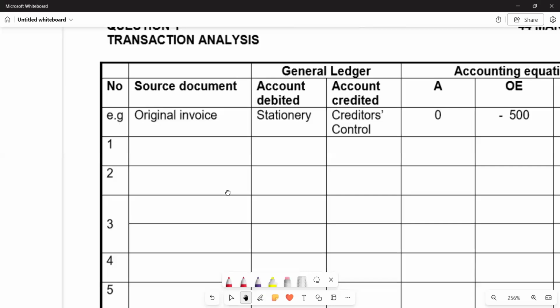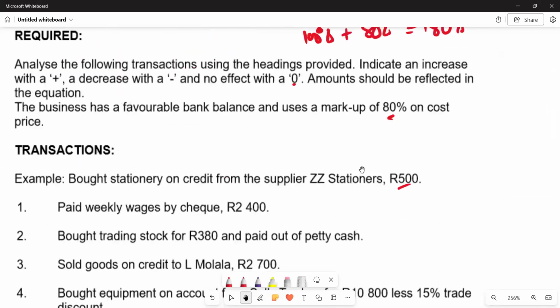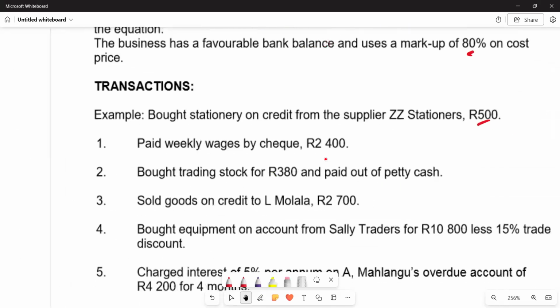Then we go to our transactions now. The first transaction reads: paid weekly wages by check, 2,400. So we have to identify the double entry first. When identifying the double entry, let's identify where the movement of money is.